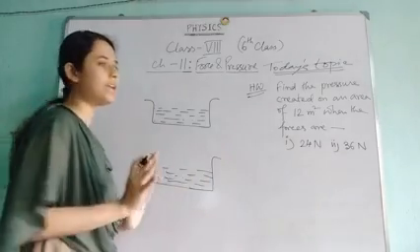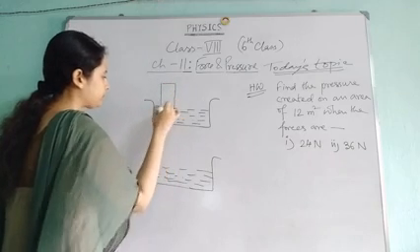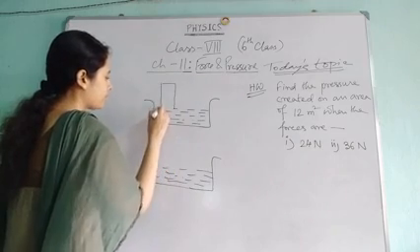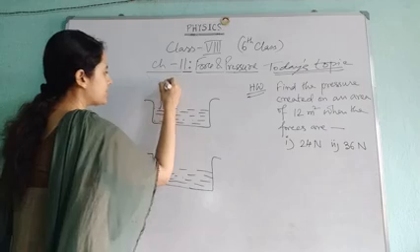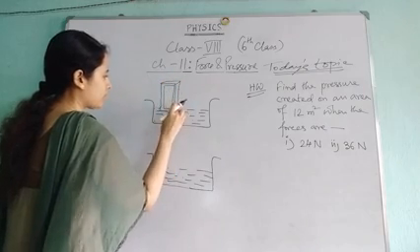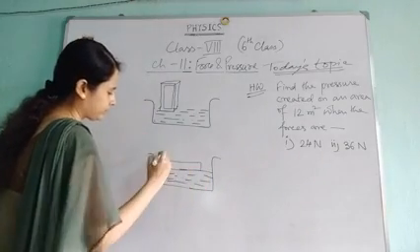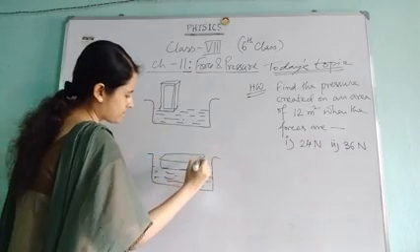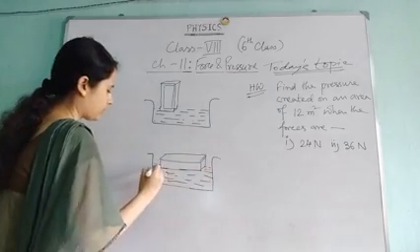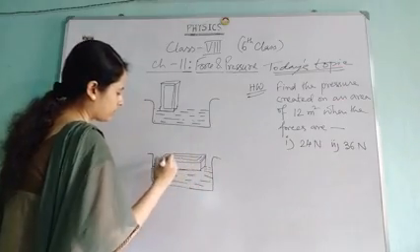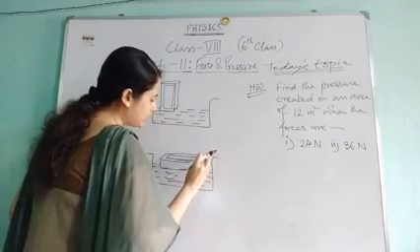So now what you will do, take 2 bricks. In 1 tray, you keep the brick like this. And in another tray, you keep the brick like this. Now what difference will you see?